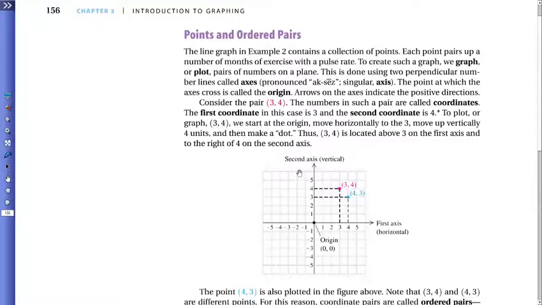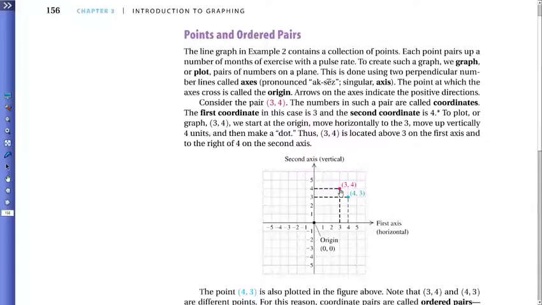We start at the origin, and a very good way to look at this is I move horizontally 3, and then move up vertically 4 units. In other words, I start here at the origin, I move to the right 3, that's a positive direction horizontally, and what is a positive direction vertically would be up 4, and I'd end up at this ordered pair of 3, 4.